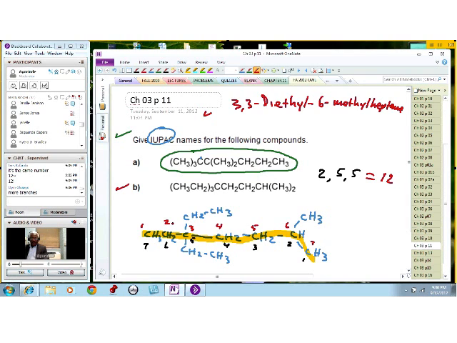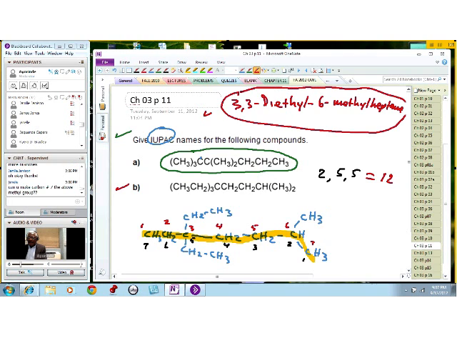That's an excellent question. So in this case, this is the right answer. Keep in mind, whenever you have a choice, and the two choices give you the same numbering, then you have to go for the alphabetical order. In this case, you go for the ethyl.